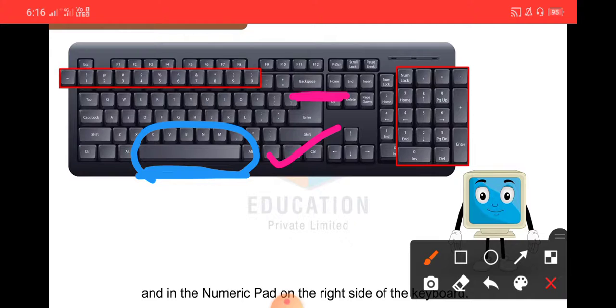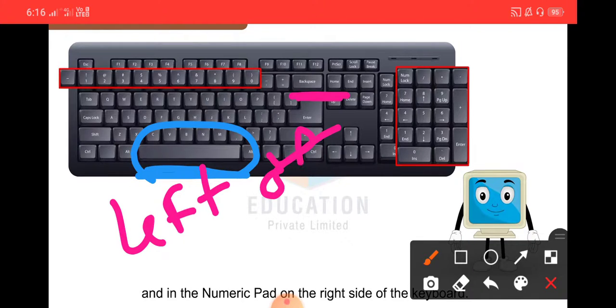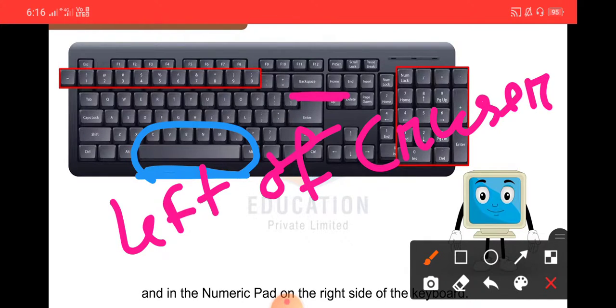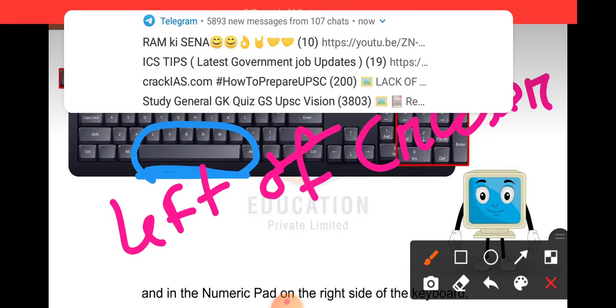Just like an eraser, the backspace key erases the letter or number to the left of the cursor. What I say, students? To the left of the cursor. Whatever is written at the left of the cursor is erased with the help of the backspace key.